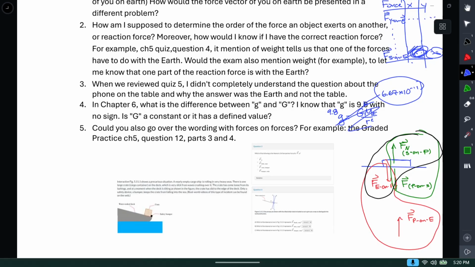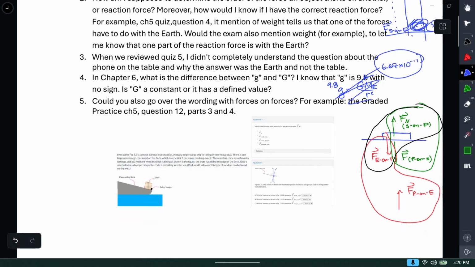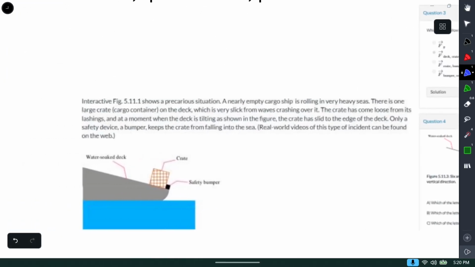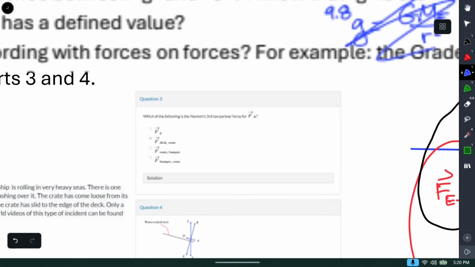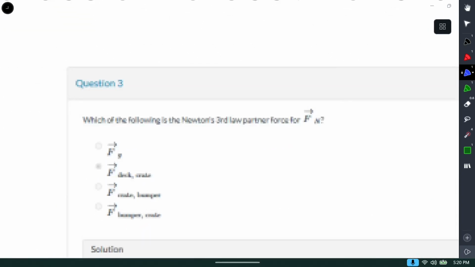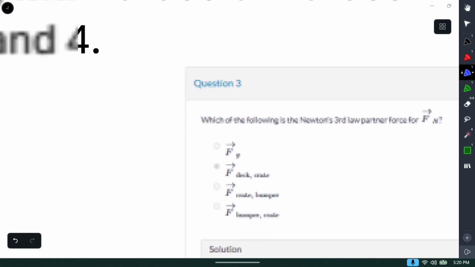Could you go over the wording with forces on forces? So graded practice, chapter 5. So that's what I copied here. So it's the crate on the cargo ship. And the questions were, which is blurry because I had to make them tiny, which of the following is the Newton's third law partner for, I believe that's Fn.